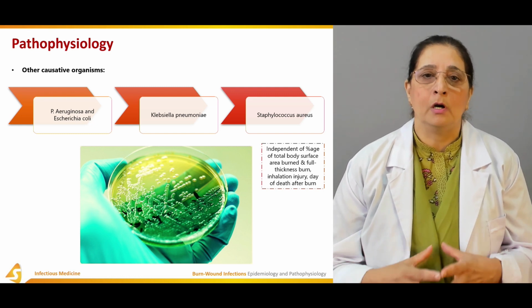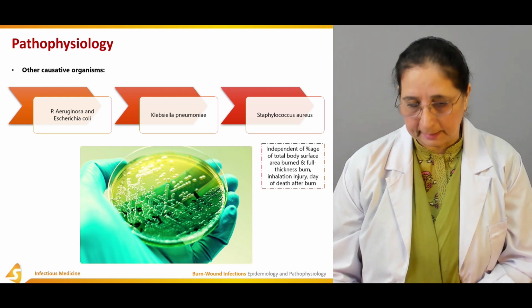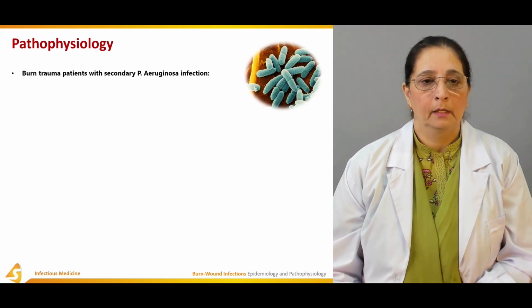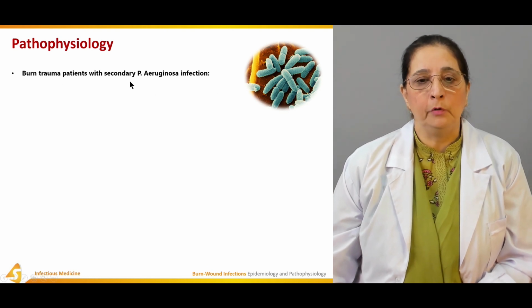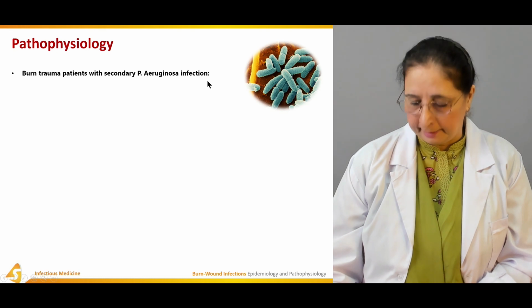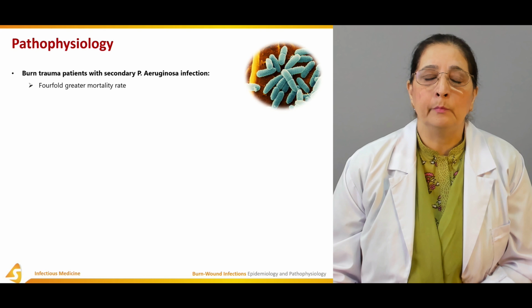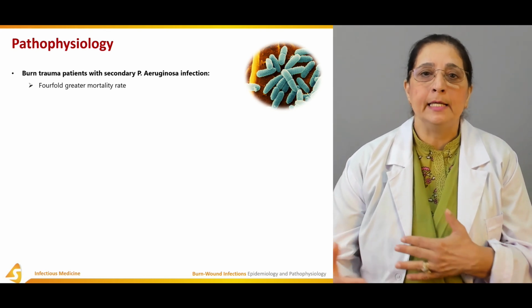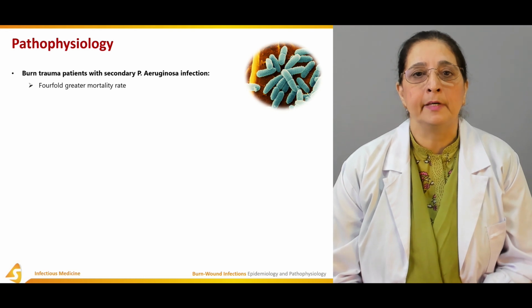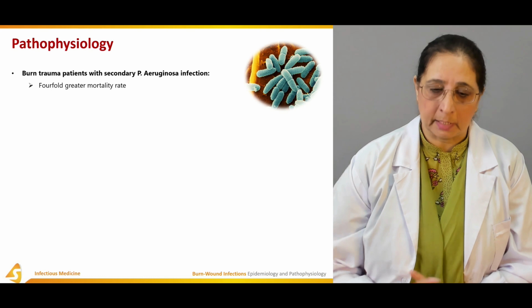So they are not associated with any of these factors. Burn trauma patients with secondary Pseudomonas aeruginosa infections have a fourfold greater mortality rate. Because it is hard to manage, the death rate is increased if there is secondary Pseudomonas aeruginosa infection.